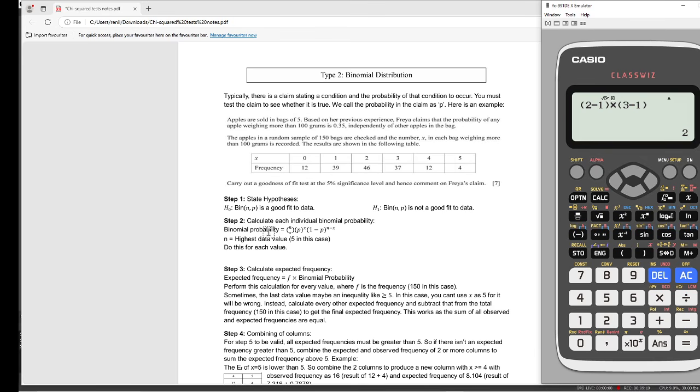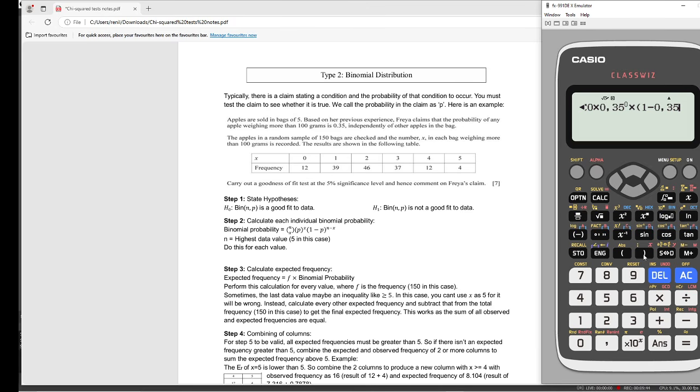So we're going to use 5 and then our x value. Let's say we were calculating for 0, we'd get 5 combination 0, and now we multiply that with 0.35 to the power of x. X is 0. Remember, p is the probability of success, which is 0.35, and we multiply that with 1 minus 0.35.